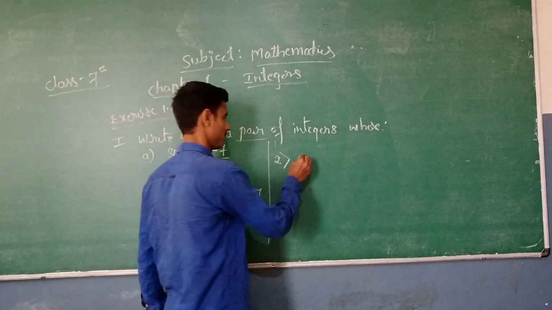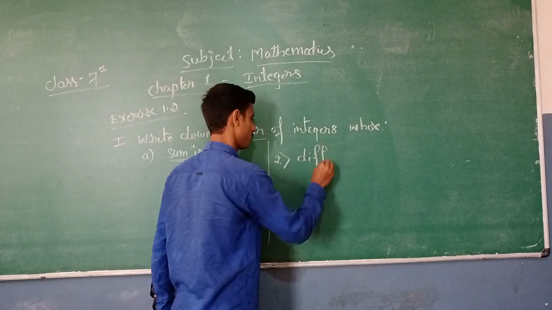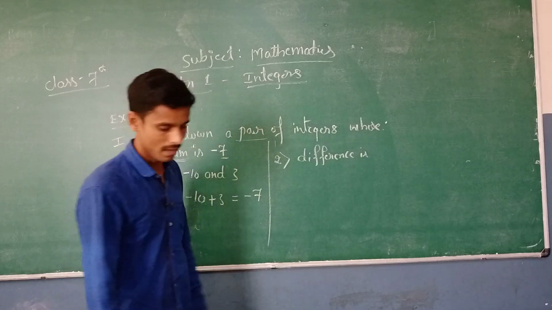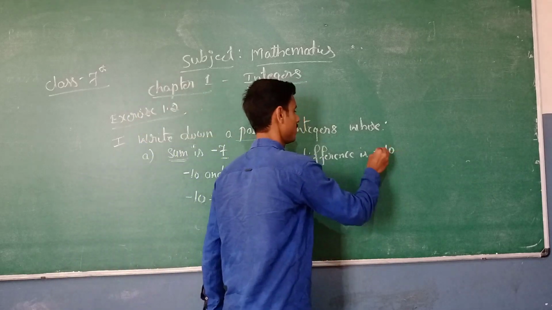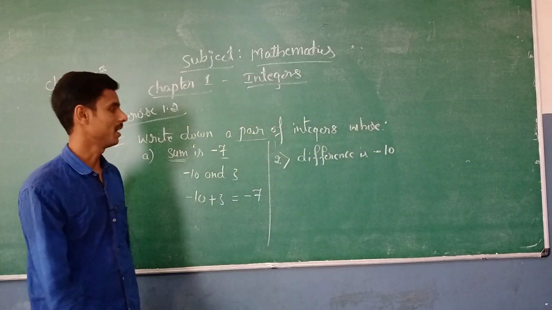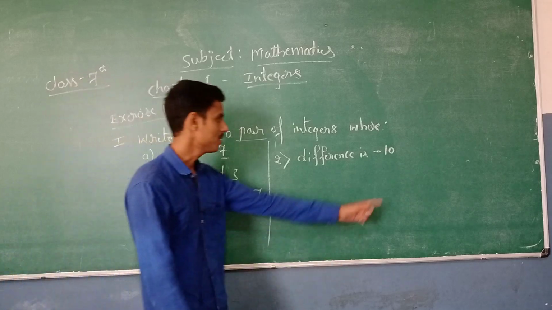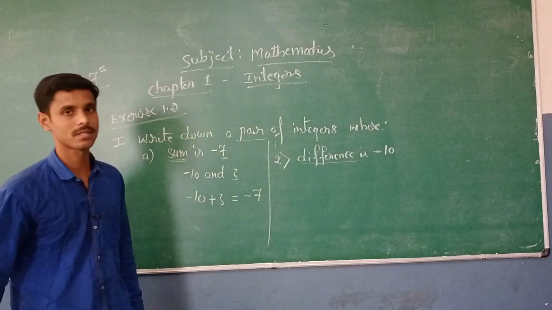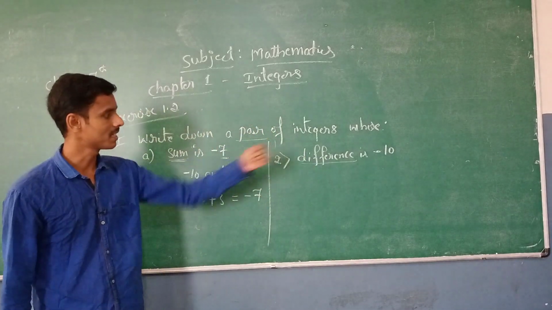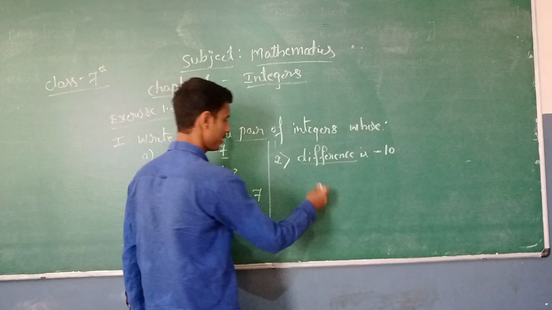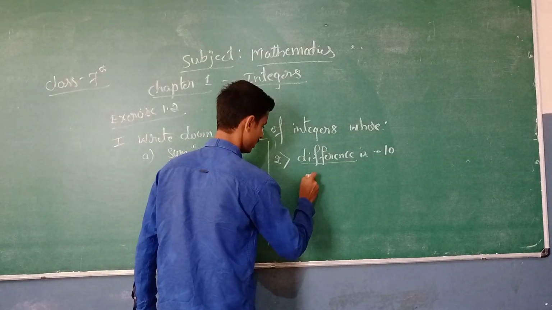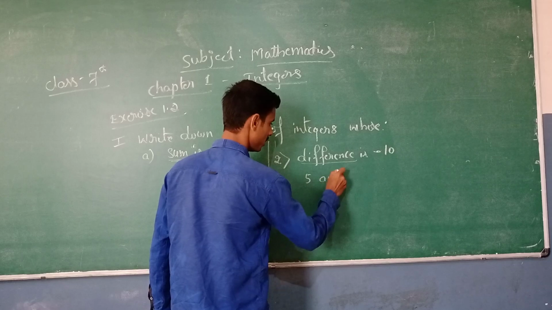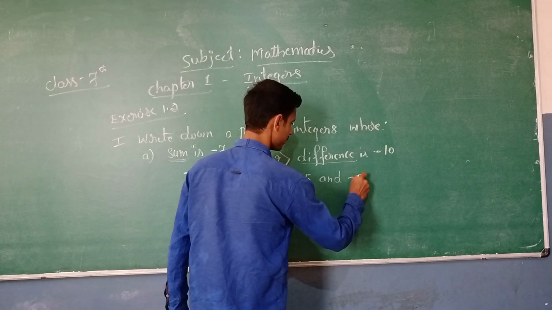difference is minus 10. Difference is minus 10. First you have to think here, it is given that the difference is minus 10. Let us check for 5, that is plus 5 and minus 5.